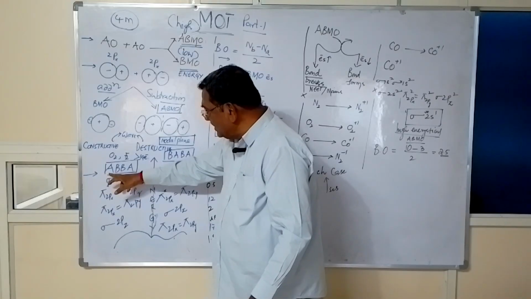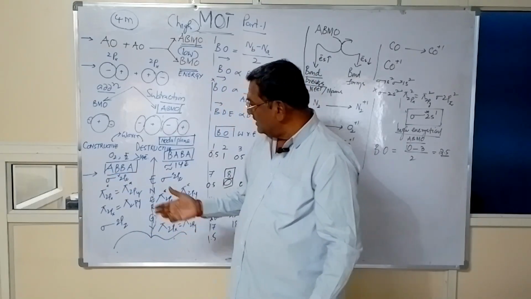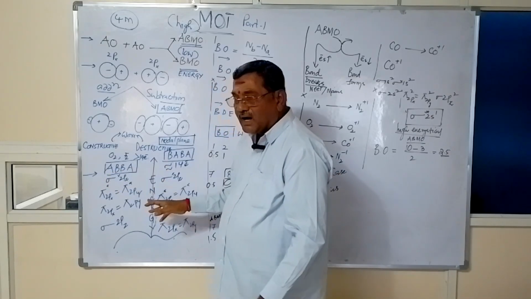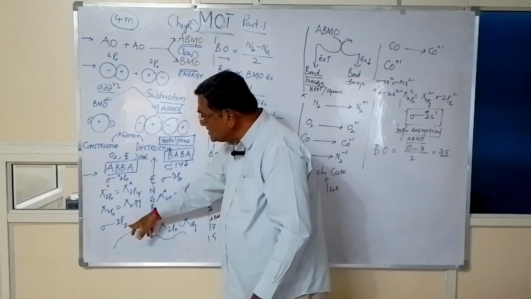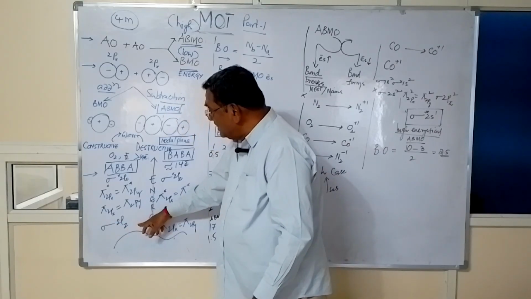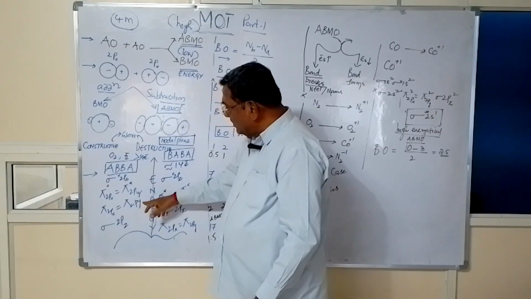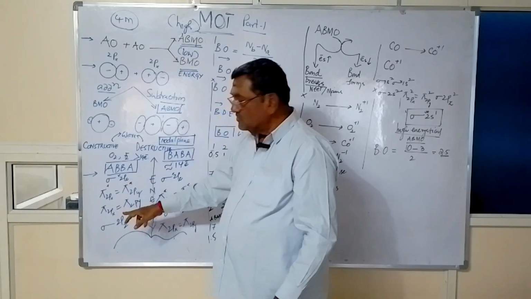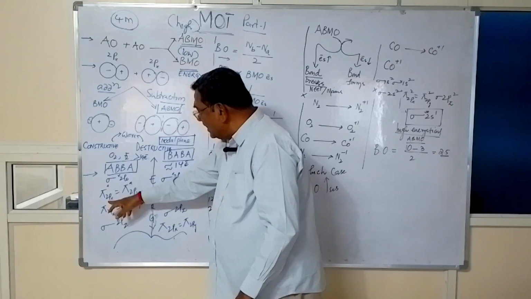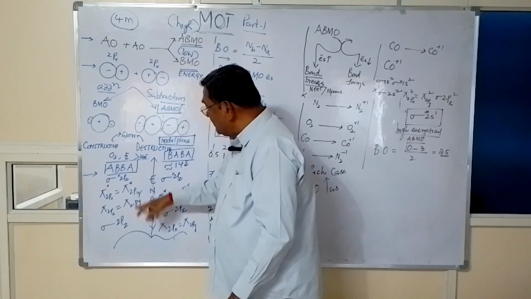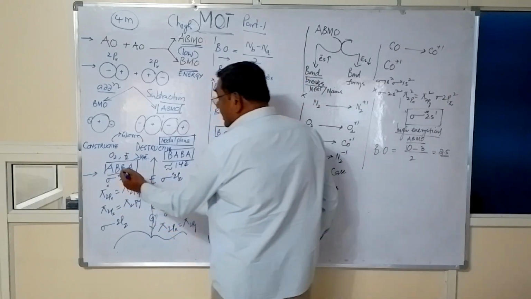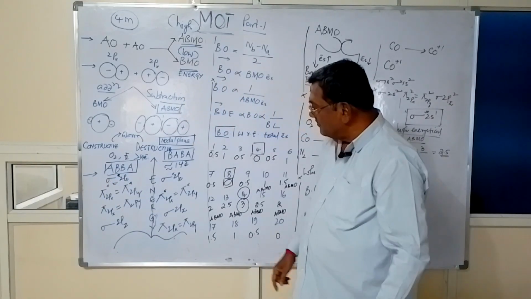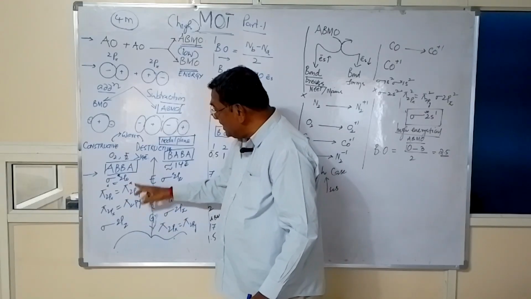Some people call it Abba. A is sigma 2pz, and B means 2 orbitals, that is pi 2px equals pi 2py. And again B is pi star 2px and pi star 2py, and A again is sigma star 2pz, children. A, B, B, A.